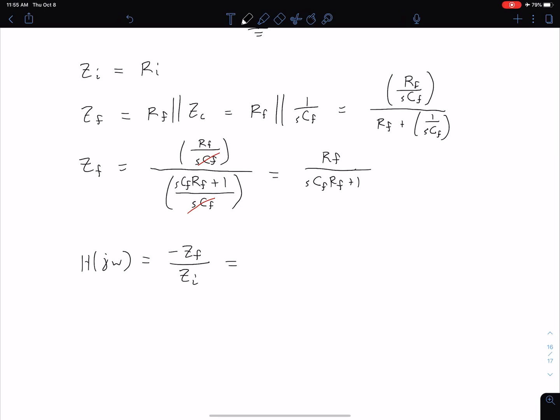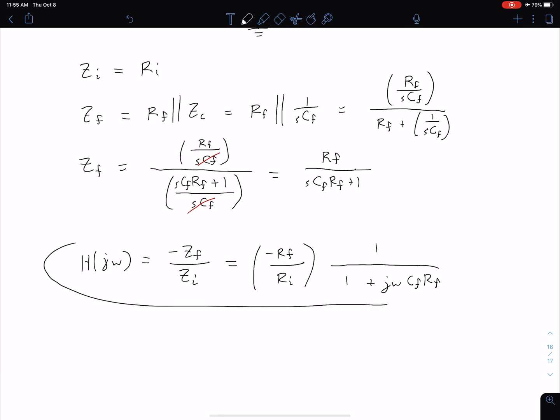Plugging in our values for Zf and Zi, we have negative Rf divided by Ri times this fraction, which is 1 divided by 1 plus j omega Cf Rf. So this would be our transfer function here.